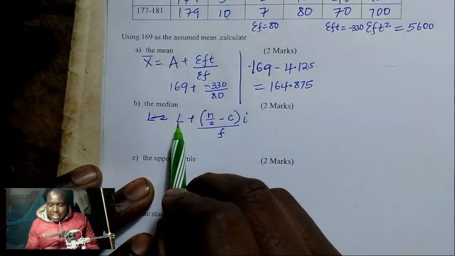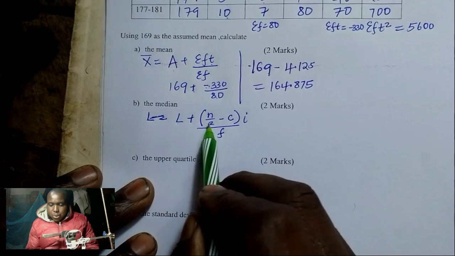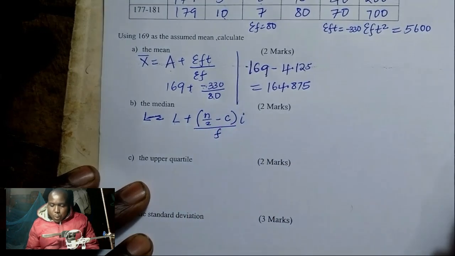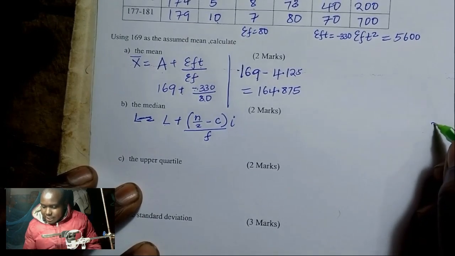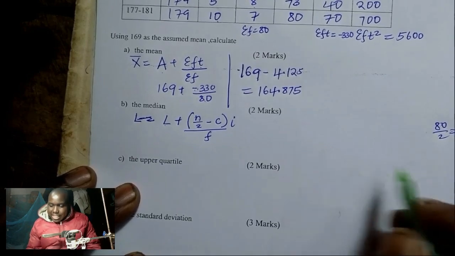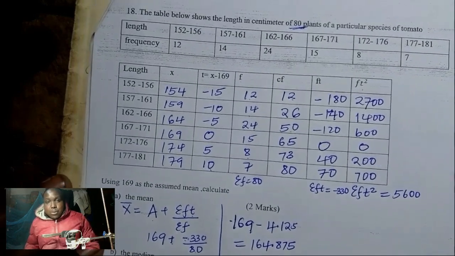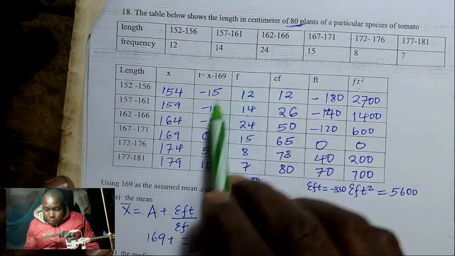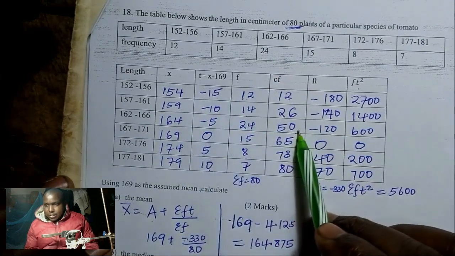The lower limit of the median class. N is the total frequency, which you divide by 2. So first we need to know where our N is. You write that N is 80, divided by 2, so it is 40. So our median position is 40. So you come to the cumulative frequency and check where we have the cumulative frequency 40. Now we don't have 40. You see that?